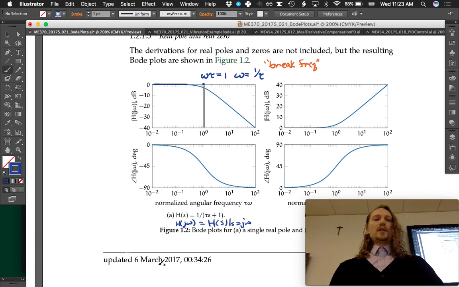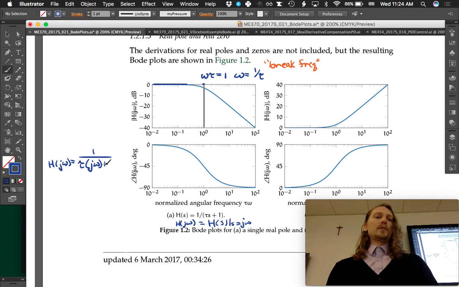So let's come over here to the margin. H of j omega is equal to 1 over tau times j omega, we plugged in for s, plus 1. If we took the magnitude of the numerator and the magnitude of the denominator, we can do that, and we could find the total magnitude.